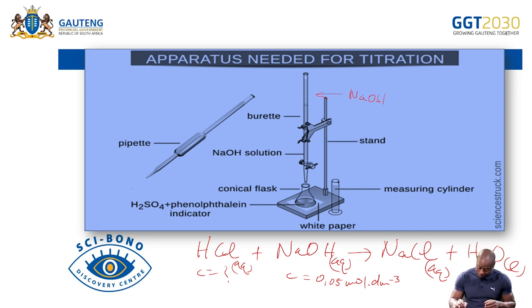In the conical flask, or Erlenmeyer flask, you are going to have the solution whose concentration we don't know, the hydrochloric acid.